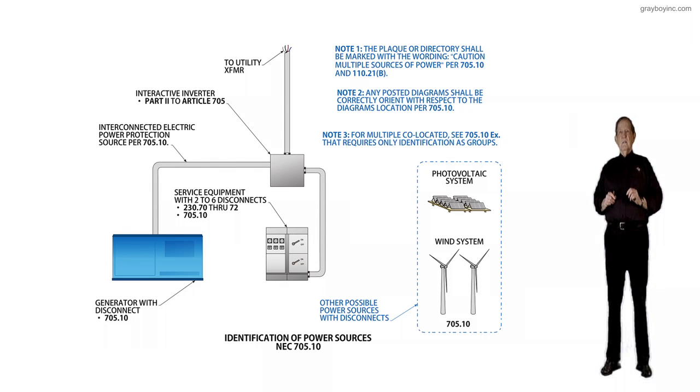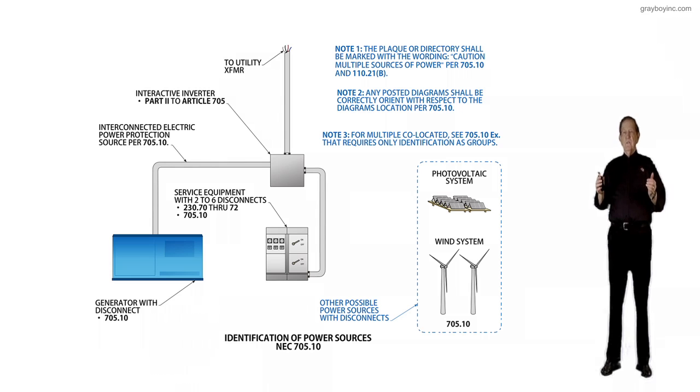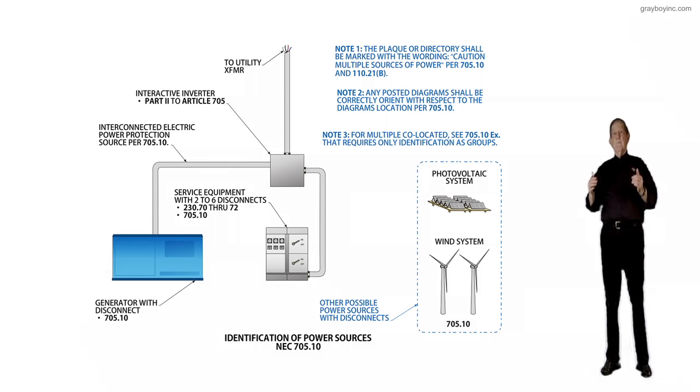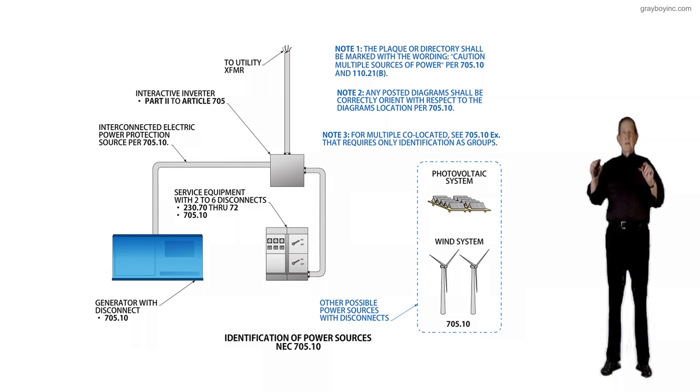So just keep these sections that we quoted to you in mind, along with the purpose of change section, and I think we'll have a better understanding of why this revision was accepted and added to 705.10.